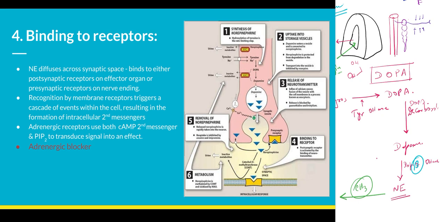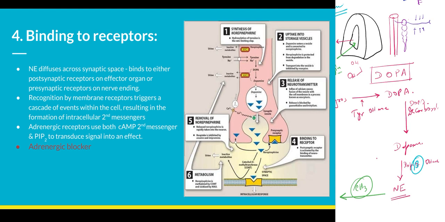Now once we are talking about the postsynaptic receptor, once it binds, there will be some second messenger system which we have discussed previously, long time back. We discussed in the beginning how the receptors work. Those G protein coupled receptors, GPCR, remember, seven transmembrane, serpentine. So those receptors will be present.